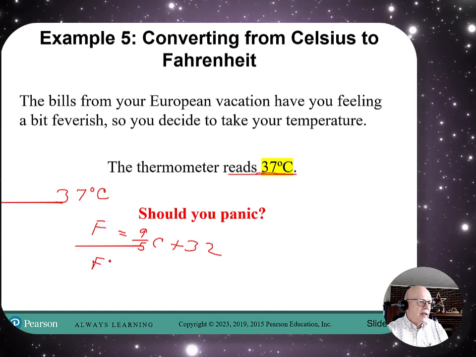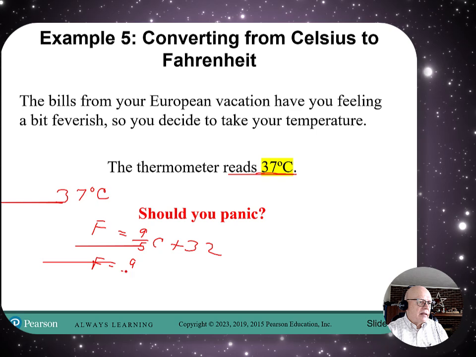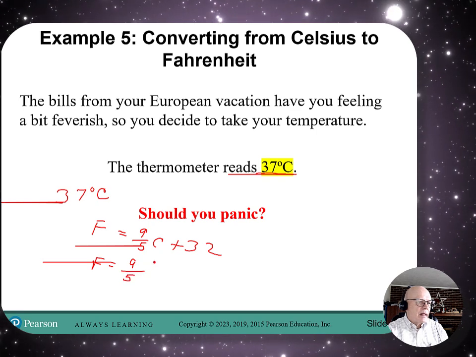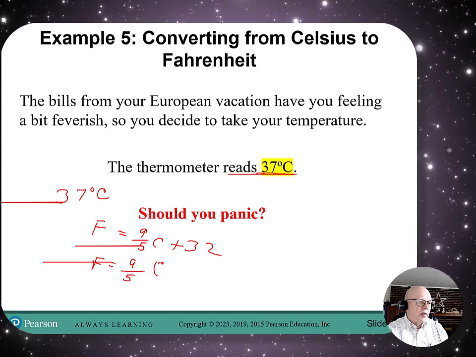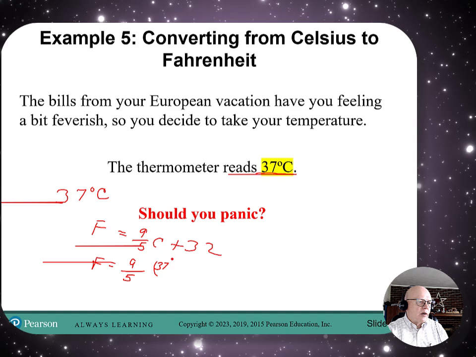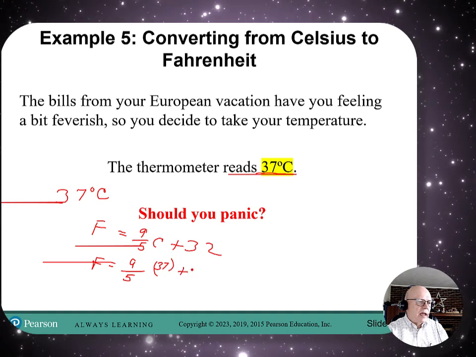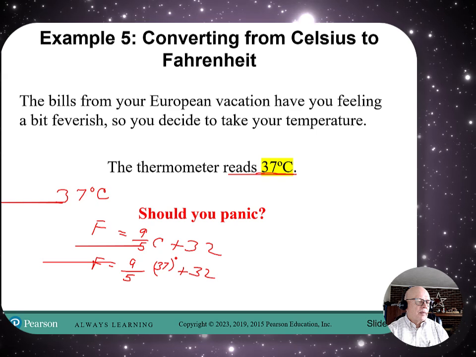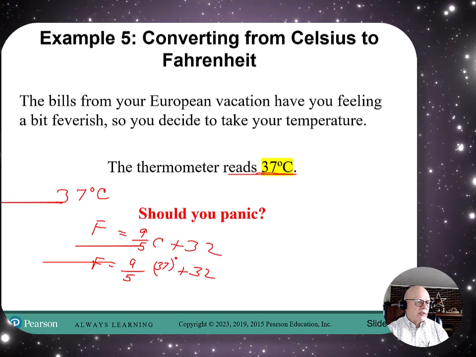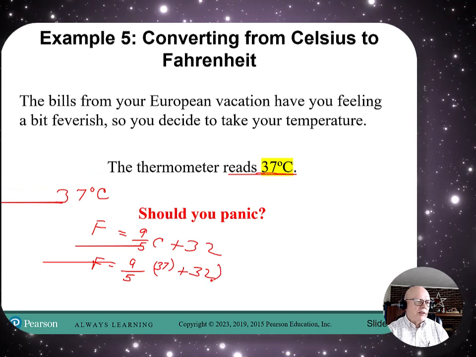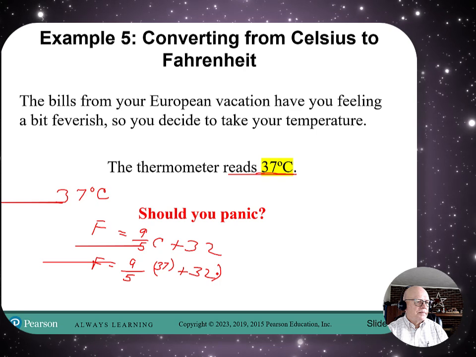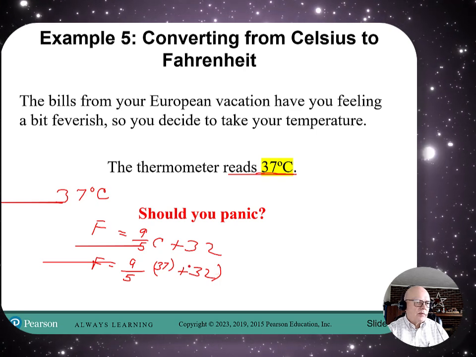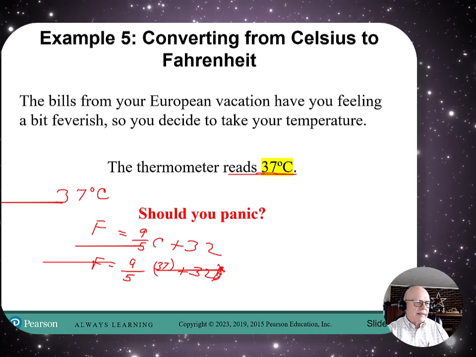So F equals 9/5, and we've got 37 for our Celsius temperature, plus 32. So you just put the 37 in for your Celsius temperature. Get your calculator to work. Oops, you don't need this.